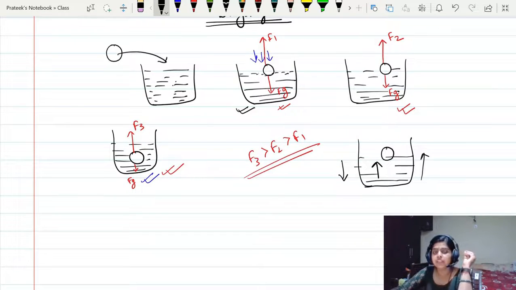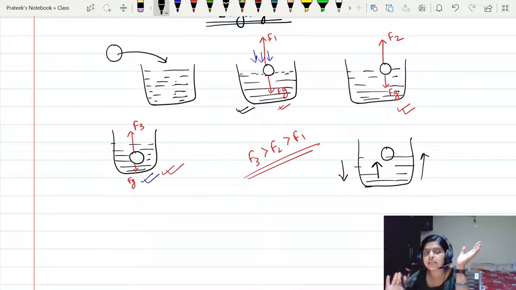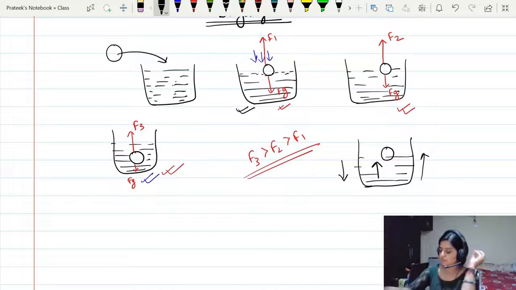We have learned that the weight of an object is a force due to gravity. When the ball is immersed, the upward force exerted by water on the ball is greater than its weight. Therefore, it rises up when released. The upward force exerted by water on the ball is known as upthrust or buoyant force.